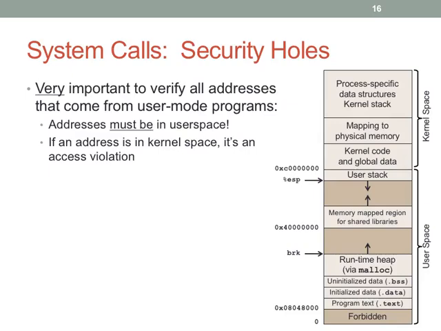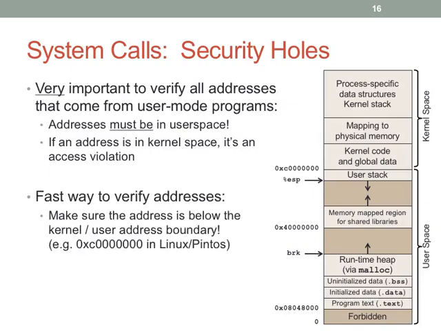Here is the layout of a Linux process in 32-bit, so that's why we have 4 gigs of space, and like I said, the kernel user boundary is at 3 gigs. So the upper gig is the kernel, and this is clearly not to scale.